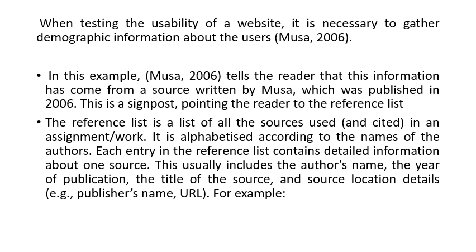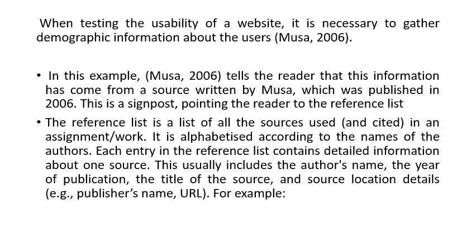So this Musa 2006 is a signpost, a pointer to the reader to go to the reference list to get the details of Musa 2006, and such details in the reference list will have the title of the book or journal or article or film or whatever it is that Musa has written about websites and all that. So the reference list is a list of all the sources used and cited. So Musa 2006 above is an example of citation.